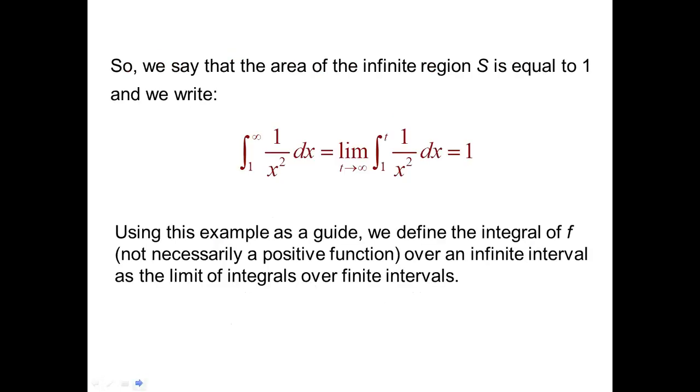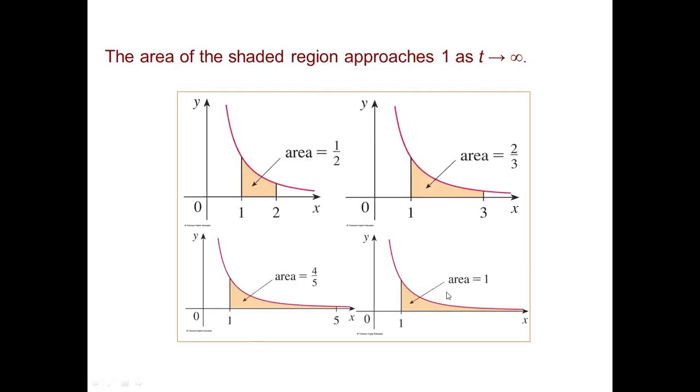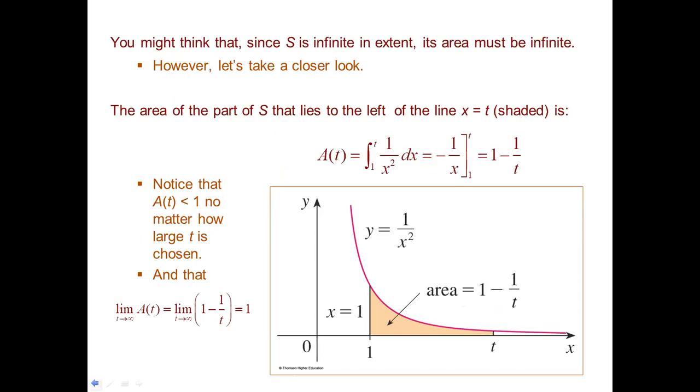Now, I'll just move forward. So we say that the area of the infinite region S is equal to 1, as we write it in this manner. Your limit is from 1 to infinity. Let me go back. This t is 2 here, 3 here, 5 here, and here it is no longer indicated. I'll move it even further back.